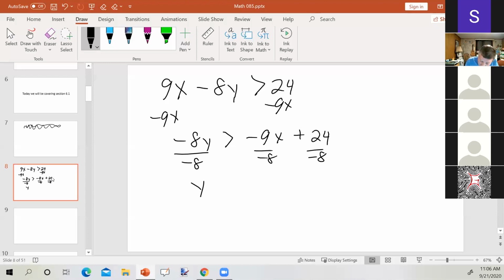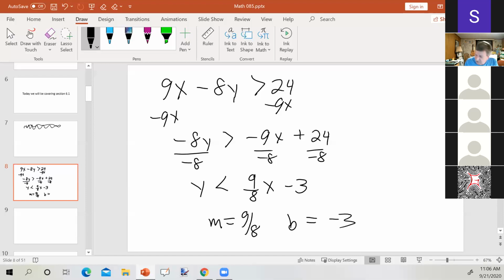I'm going to change the direction of the inequality sign because I'm dividing both sides by a negative number. Negative 9x over negative 8 would be positive 9/8 x. And then plus 24 over negative 8 would be minus 3. So that means I'm going to have a dotted line. The slope is going to be 9/8, and the y-intercept is going to be -3. Any questions about that work before we go back to the WebAssign page?